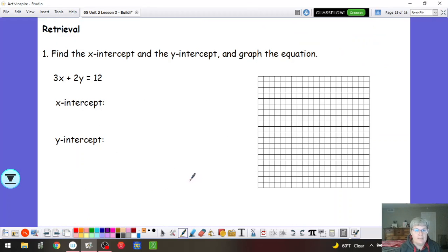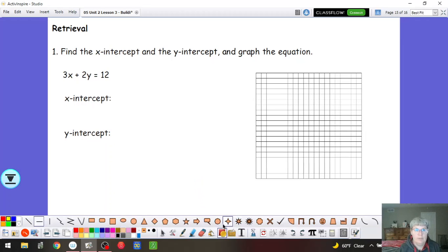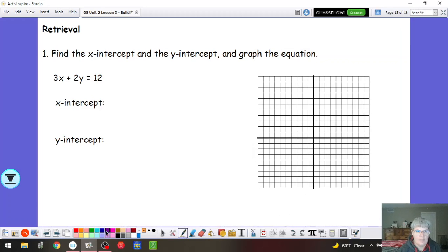And then, as some review to wrap this up, find the x and y intercept and graph the equation. So I'm going to put my axes on here first. And we did some of this at the end of lesson 1 as well. I showed you how to graph lines using x and y intercepts in that lesson. Keep in mind, for the x-intercept, the y value of any point is 0.